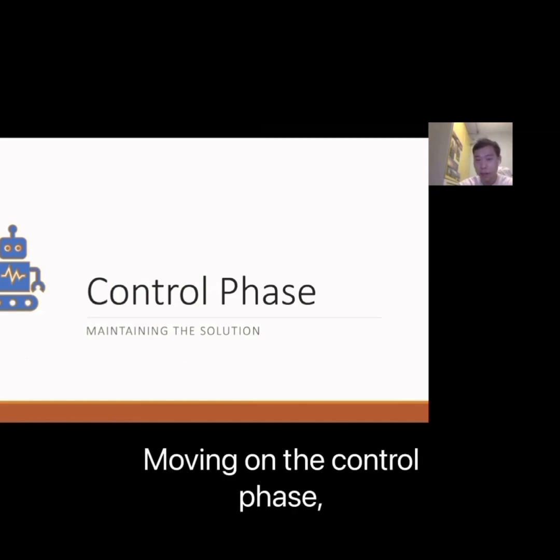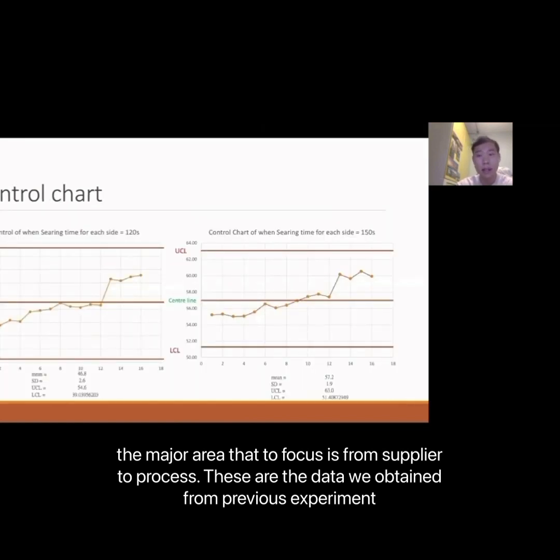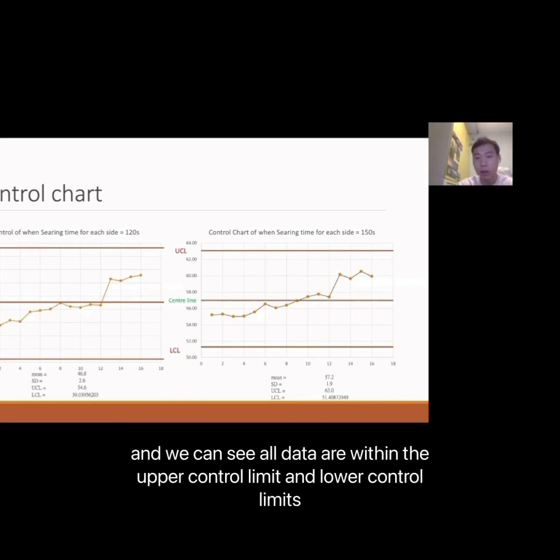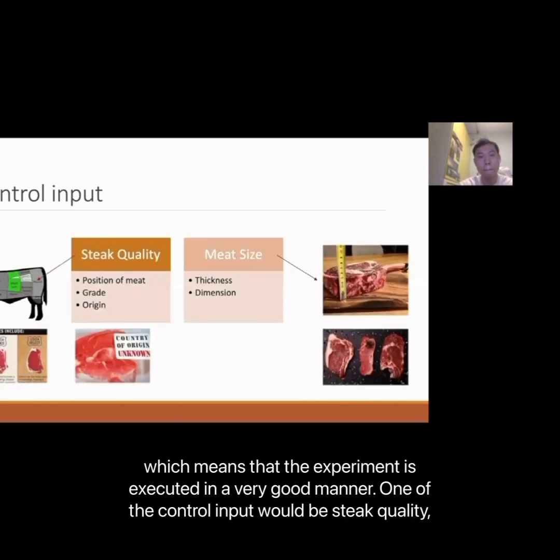Moving on to the control phase, the major area to focus on is from supplier to process. These are the data we obtained from the previous experiment, and we can see all data lie between the upper control limit and lower control limit, which means that the experiment is executed in a very good manner.